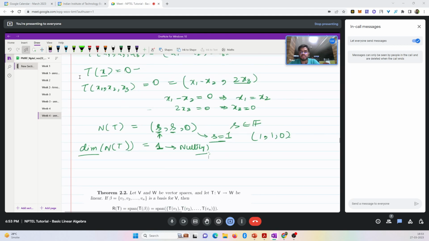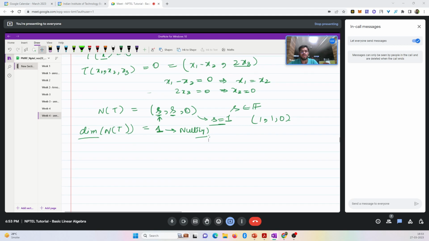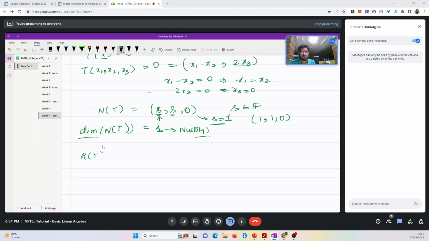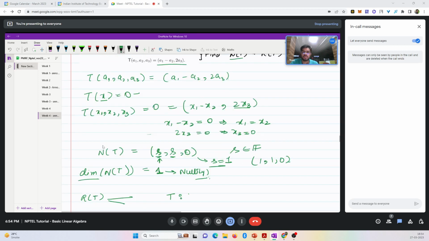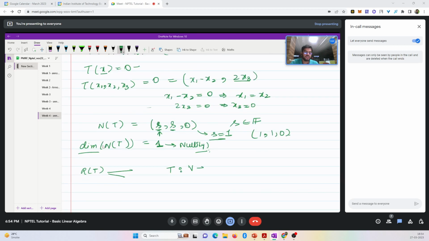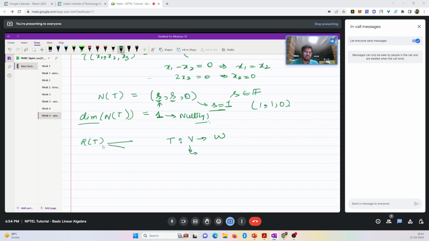Now, this was related to how to find the null space. Now we will try to find the range space of T. How do you find the range space? In order to find the range space of a transformation T, let's say your T is from V to W. The first step is to look at the standard basis.